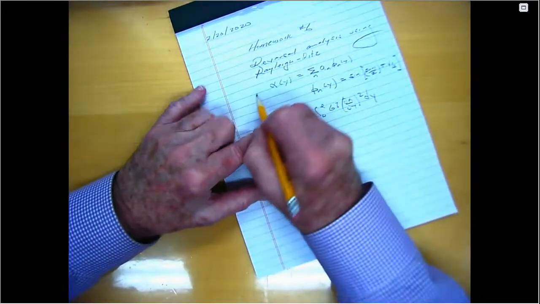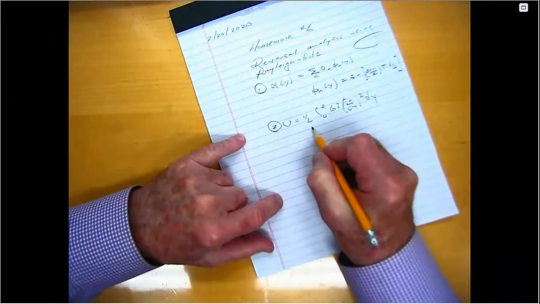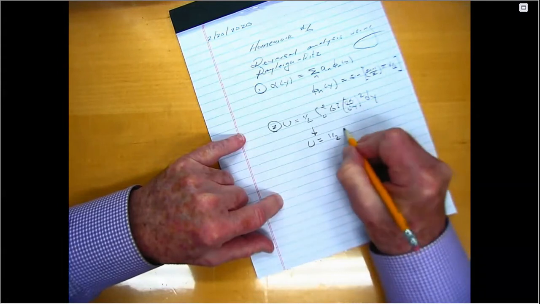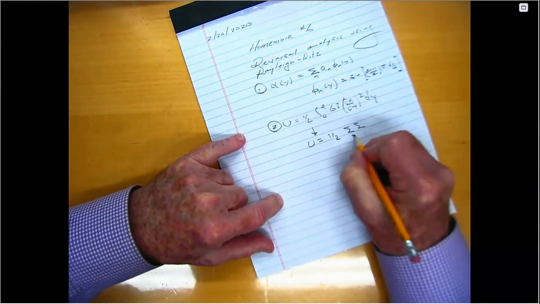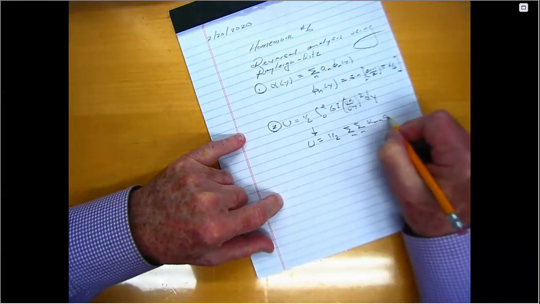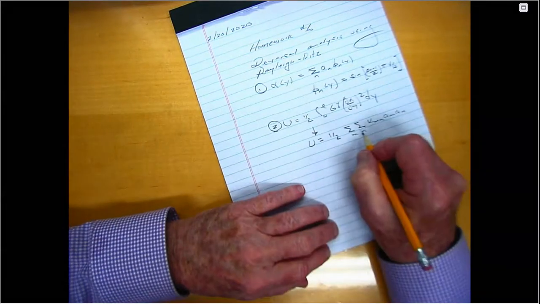If we take equation 1 and put it in equation 2, after a little bit of algebra, we get U equal to 1/2 the double sum, not single sum, double sum over M and N of some coefficients, K sub MN, A sub M, A sub N. Okay? It's a double sum.